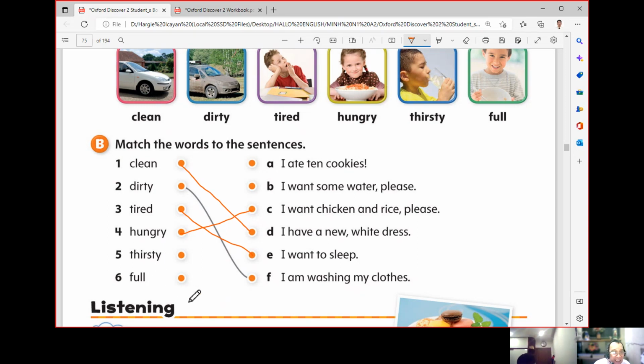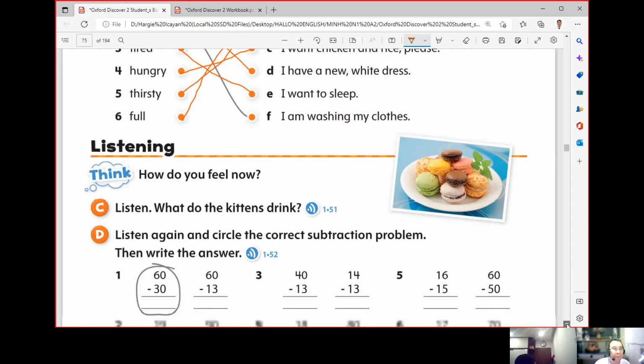And if you're thirsty: I want some water, please. Of course, if you're thirsty, you ask for water. And if you're full: I ate 10 cookies. So if you ate them all, you're full. Your tummy becomes full already.